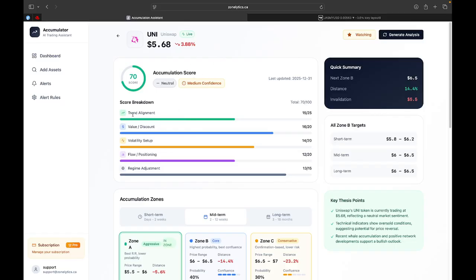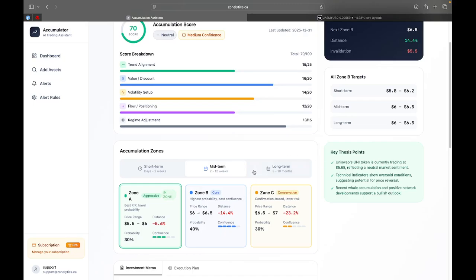So accumulation score of 70. What it shows you is the trend alignment. You get a value discount, volatility setup, flow positioning, regime adjustment. It also tells you the zones, the buying zones, all zone B targets, short term, mid term, long term.